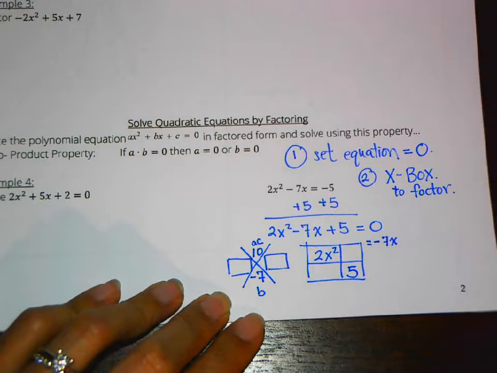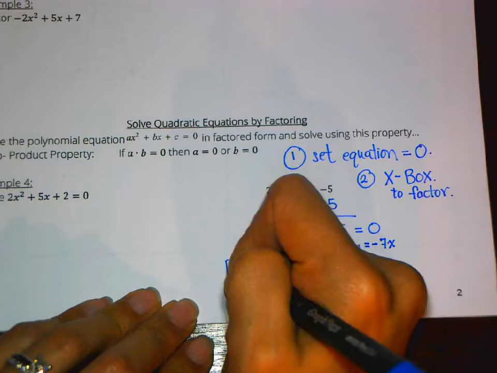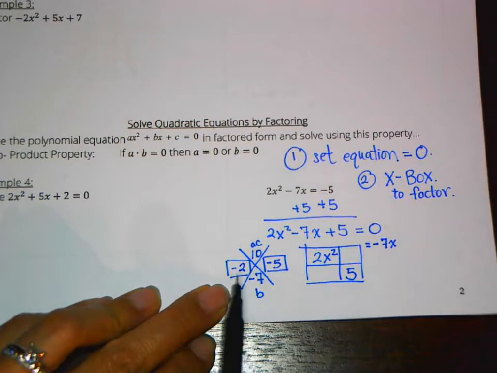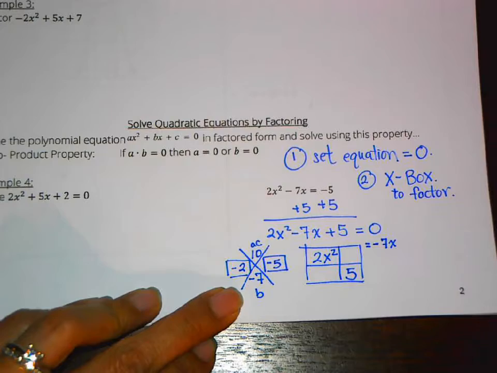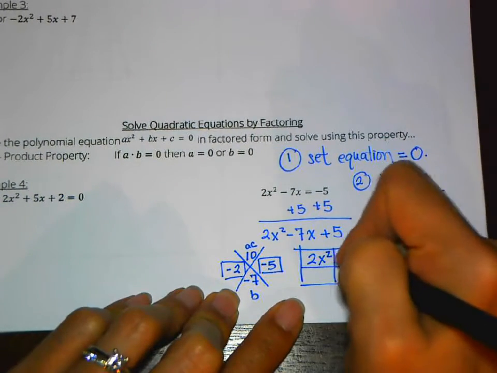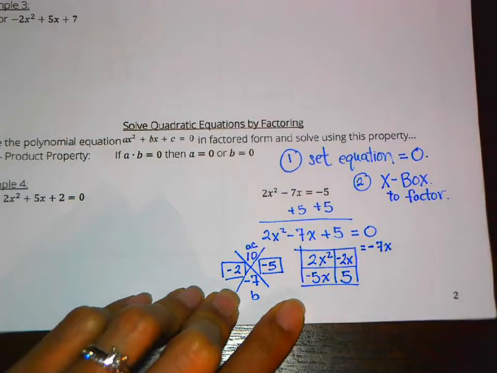I could list out all of the factors of 10. I know that negative 2 times negative 5 is going to give me positive 10, and when I add negative 2 and negative 5, it's going to give me negative 7. So those two numbers are going to go in here, negative 2x and negative 5x.